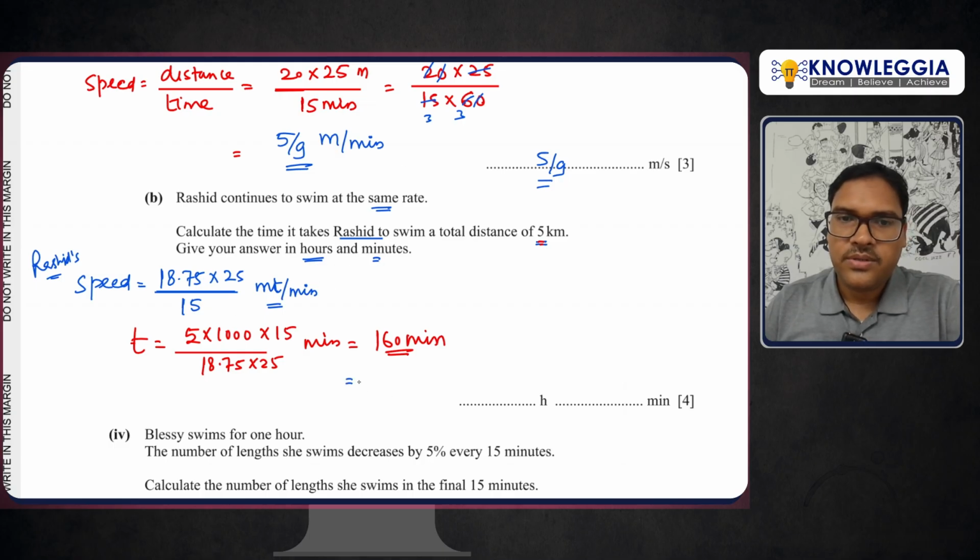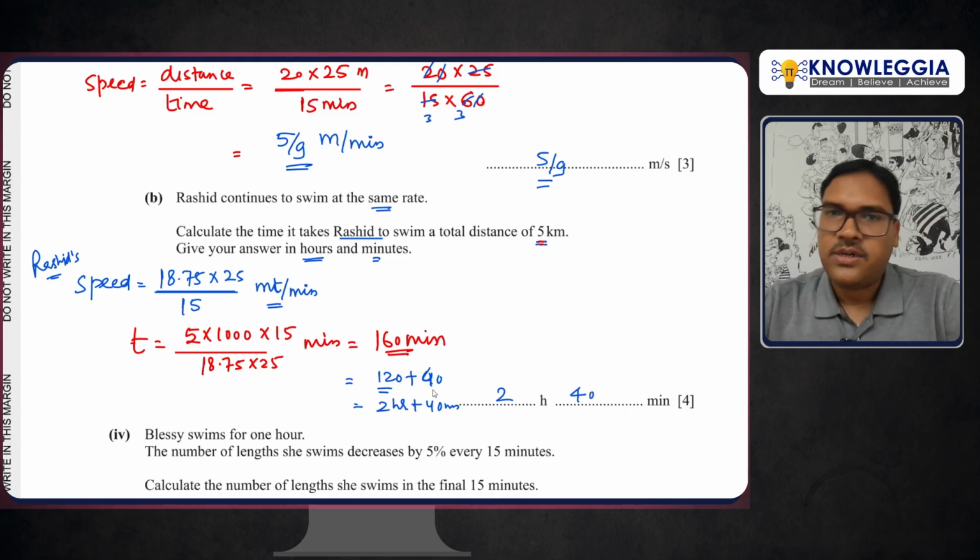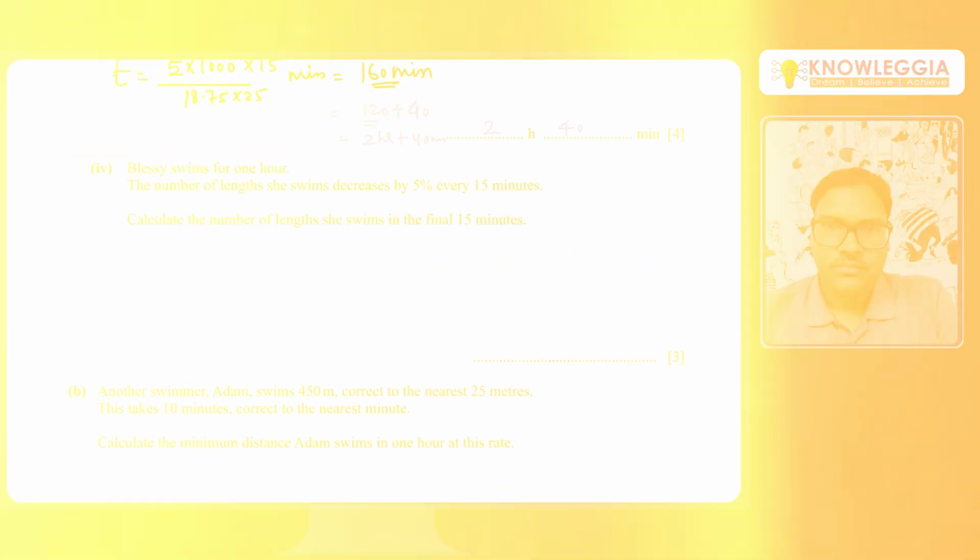You can see this is 120 plus 40, right? So this is 2 hours and 40 minutes. So what is the answer? 2 hours and 40 minutes is the correct answer for this question.